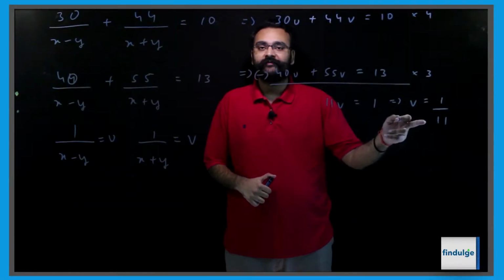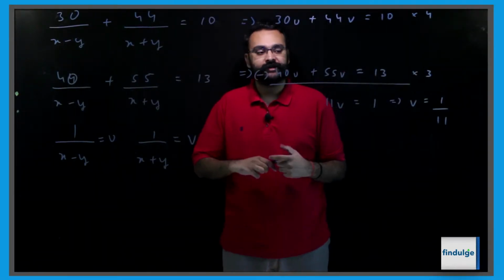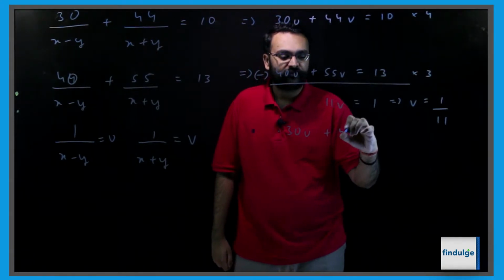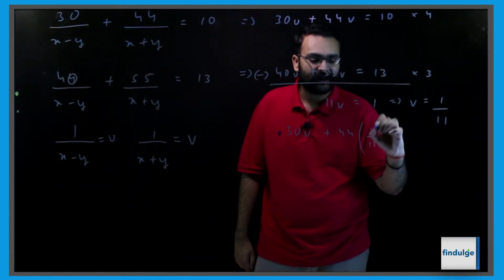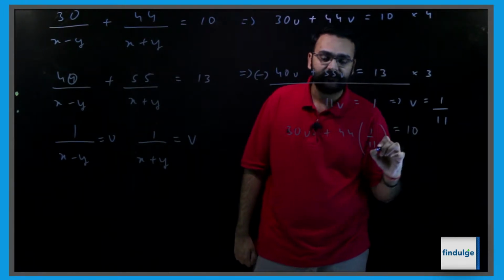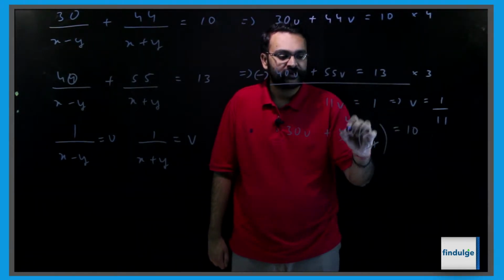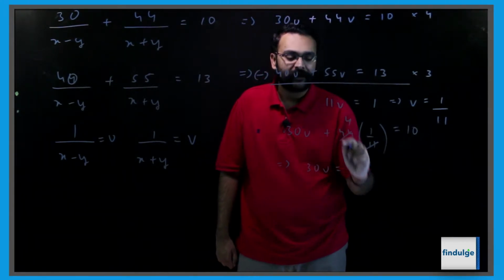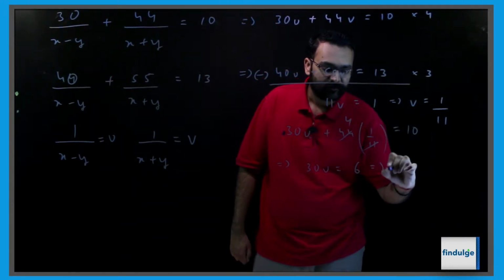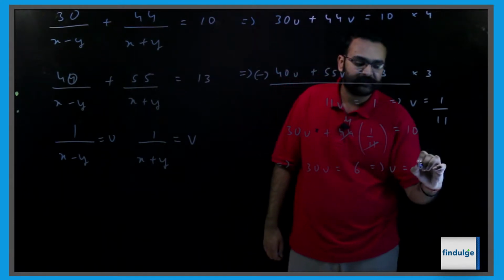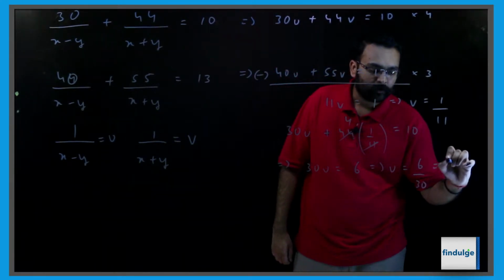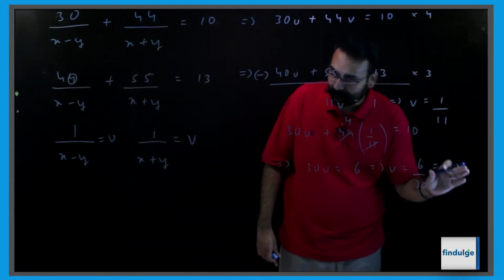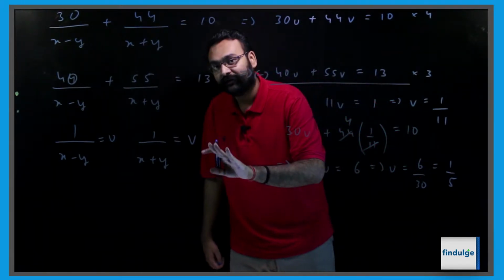So substituting v into the first equation, I get 30u plus 44 into 1 upon 11 is equal to 10. Of course, that means 30u is equal to 10 minus 4, 6, which means u is equal to 6 by 30 or 1 by 5. Now we come back over here.